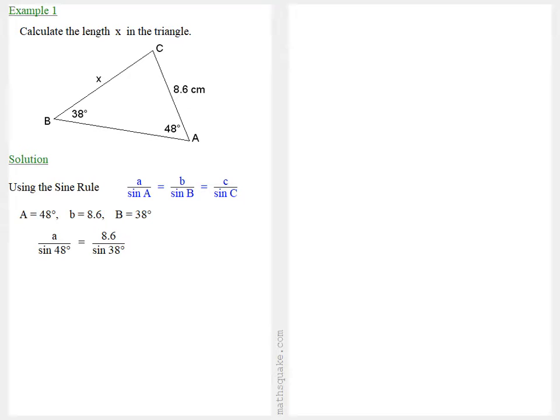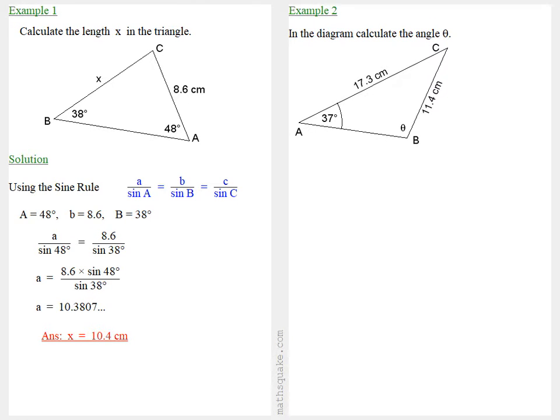If we multiply both sides by sine of 48 degrees, we have a equals 8.6 times sine of 48 degrees over the sine of 38 degrees. If we type that into a calculator, it gives us the answer 10.3807 and more terms. Rounding that off to one decimal place, we get a, which is equal to x, is 10.4 centimetres.